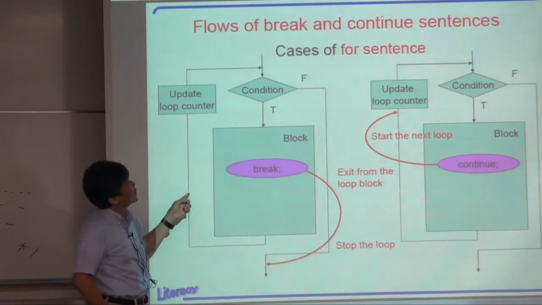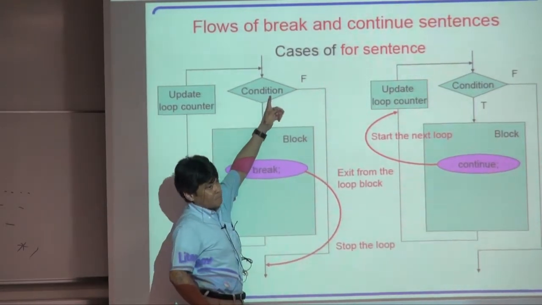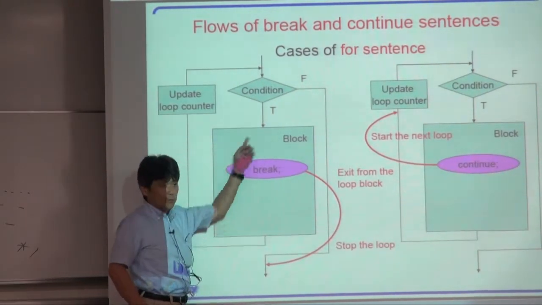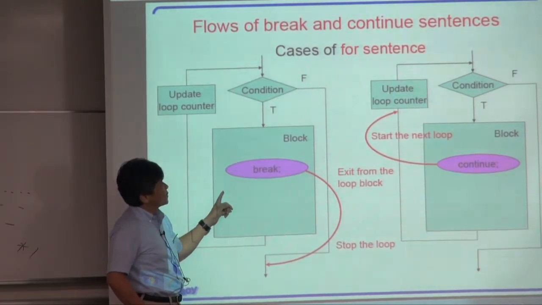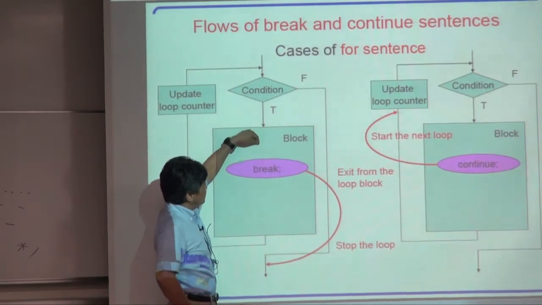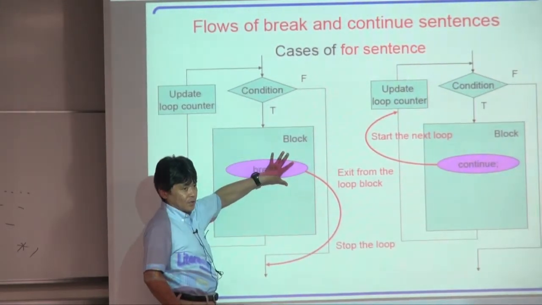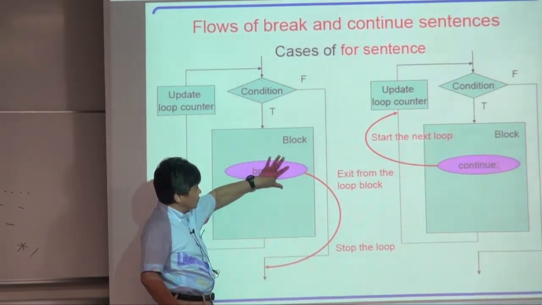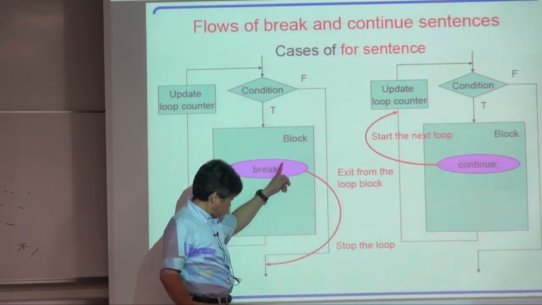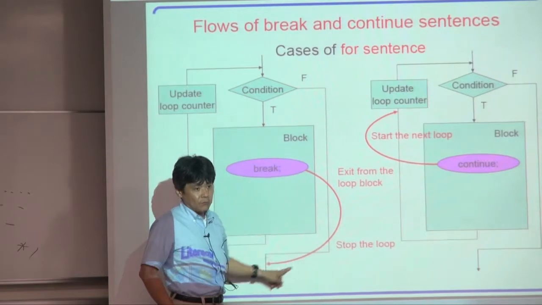If you use the for loop, first the condition will be evaluated. If true, this block will be executed. If the process meets the break sentence inside the loop block, the process immediately stops and exits from the loop.